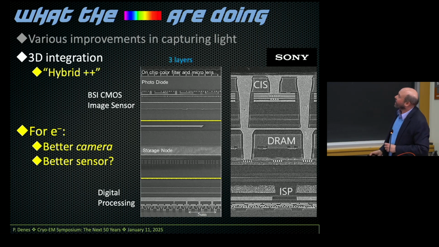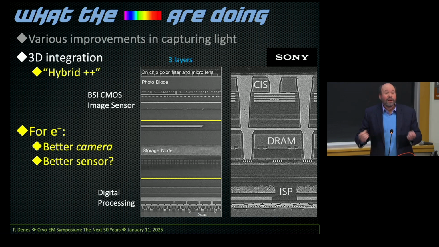So this is a nice thing from Sony. So this is a 3 completely different layer camera that still has a CMOS image sensor. It has a bunch of DRAM down here, and it has a processing node. So this definitely makes for a better camera. Not clear that it makes for a better sensor.